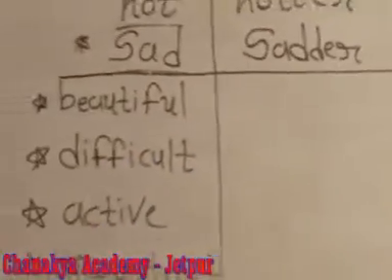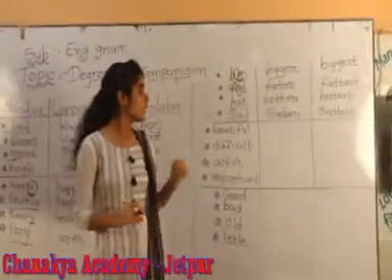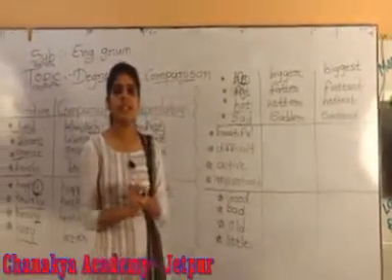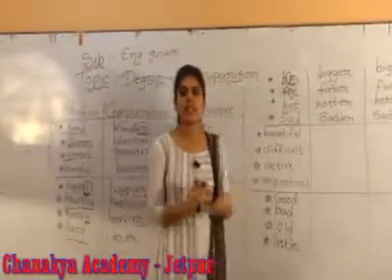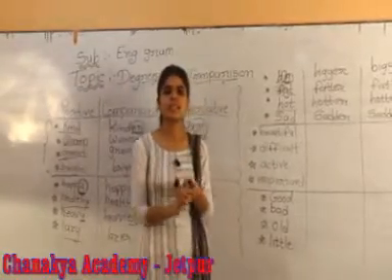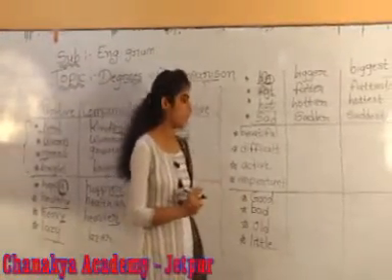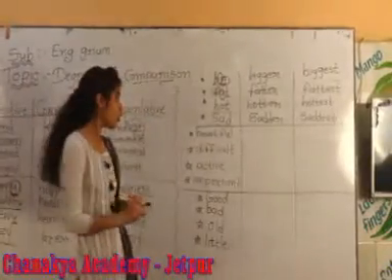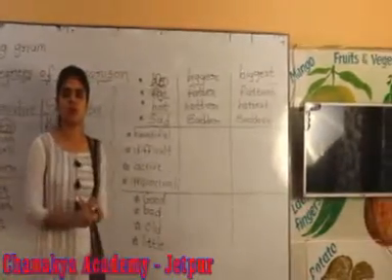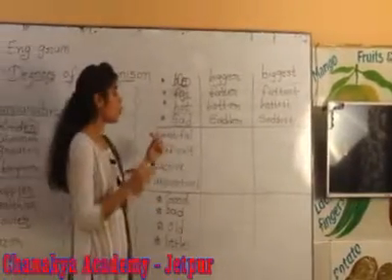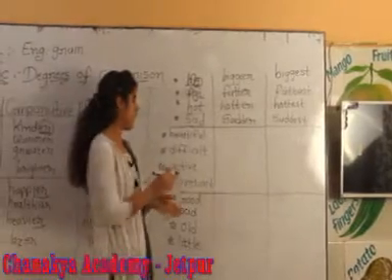You observe that in whichever examples we have done, we put er and est suffix, but there are some adjectives which do not accept er and est suffix, like beautiful, difficult, active, important, and many more. When we are going to form the comparative degree, we have to put not a suffix but a prefix.